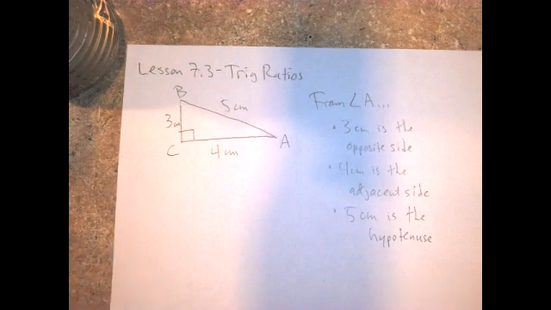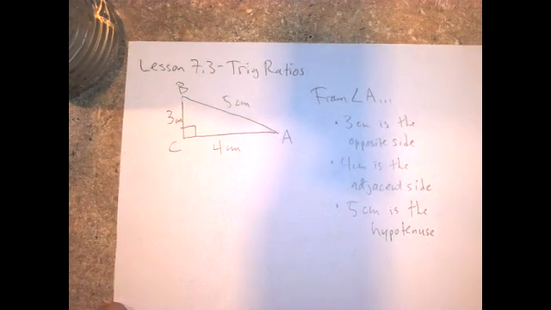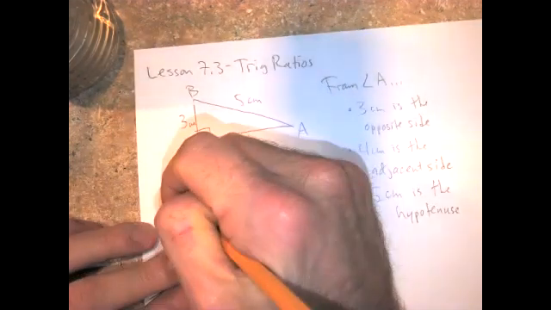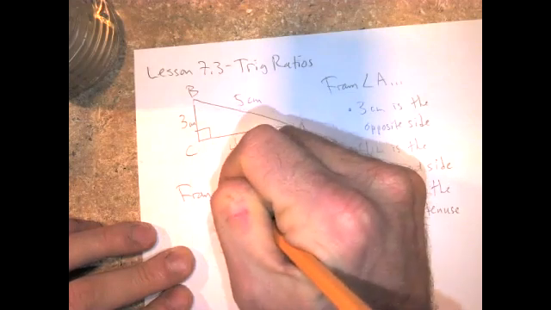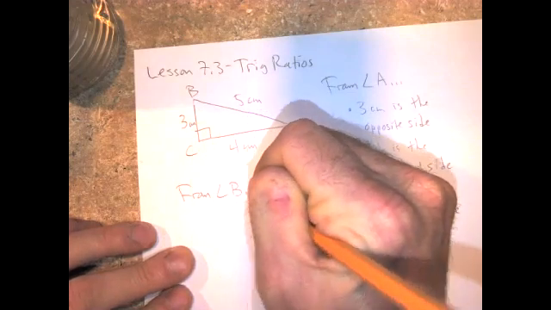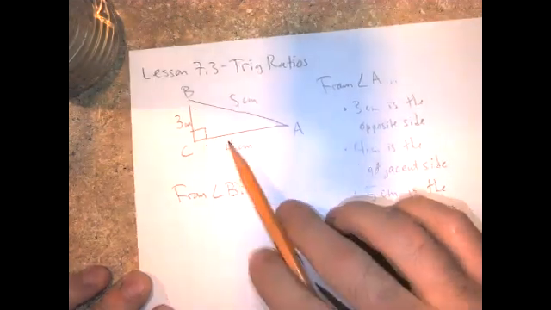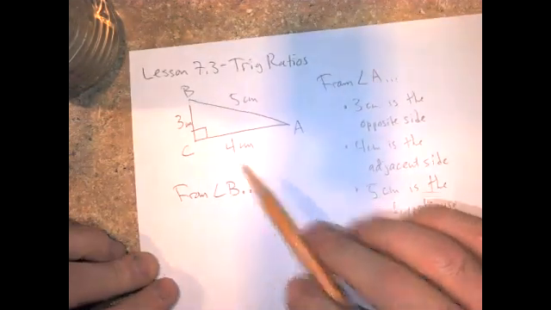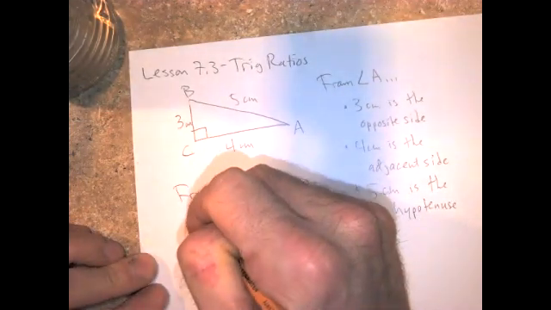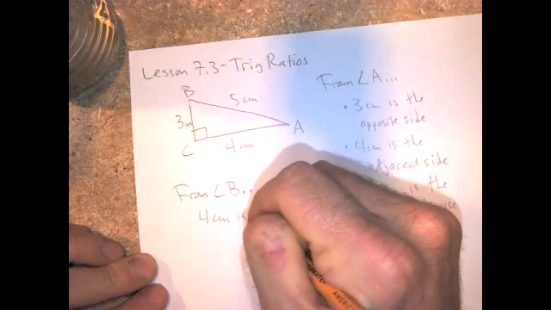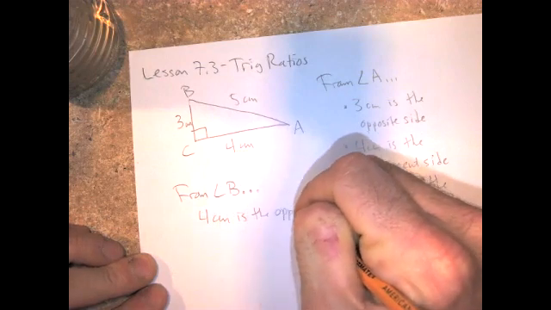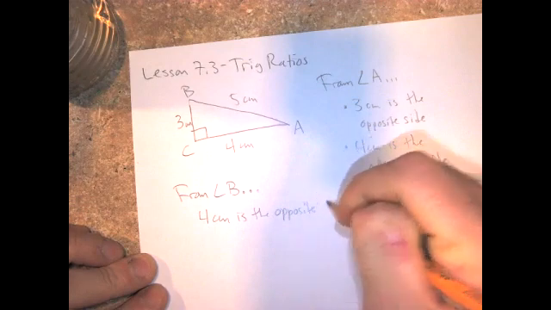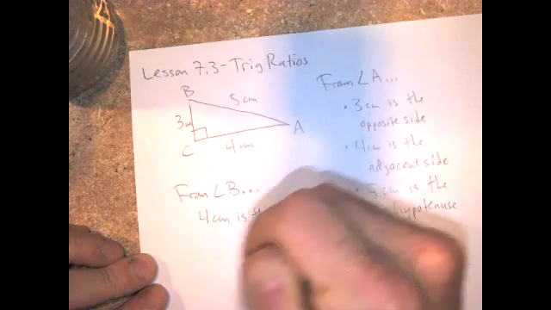Okay, from angle B, we could also look relative to angle B. So from angle B now, the 4 is actually the opposite. Can you see 4 is the opposite? Just getting the terminology down here.